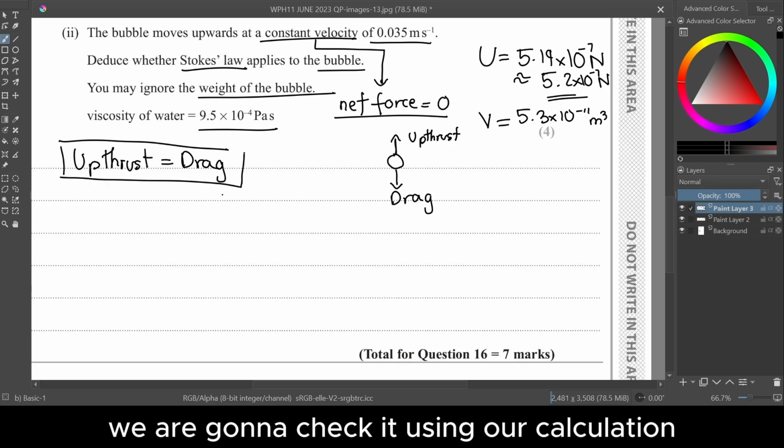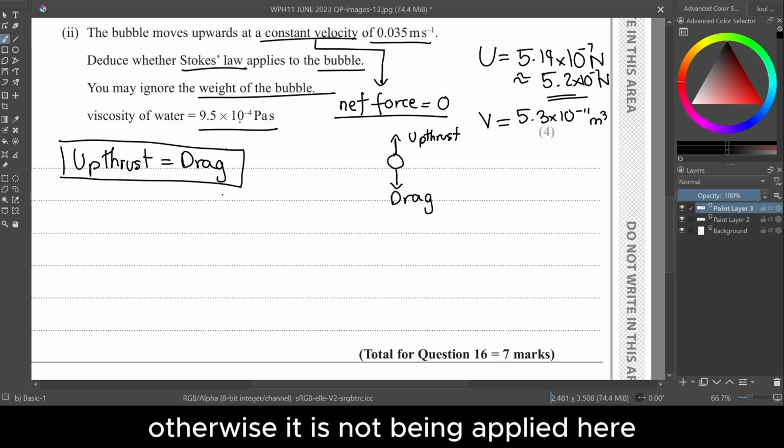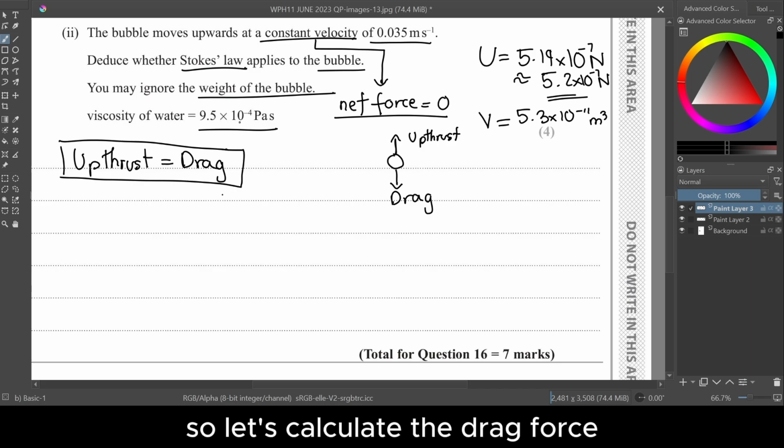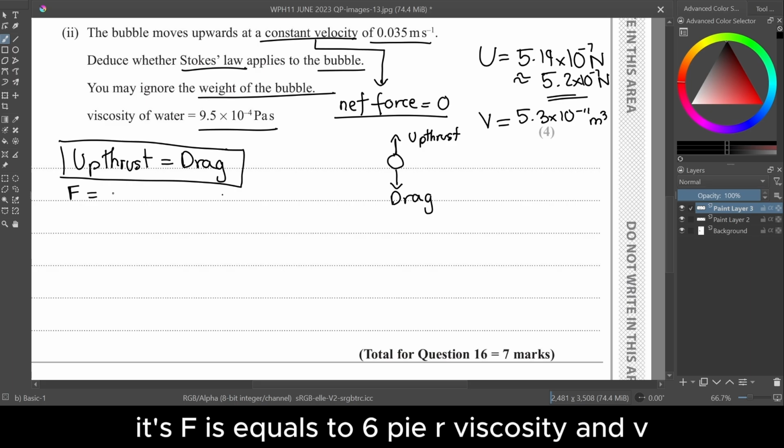We are going to check it using our calculation. If they are equal, then Stokes' law applies here. Otherwise, it does not. So let's calculate the drag force. The drag force formula is F equals 6 pi r eta v, with viscosity and velocity.